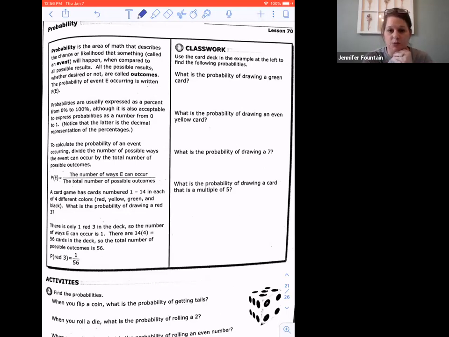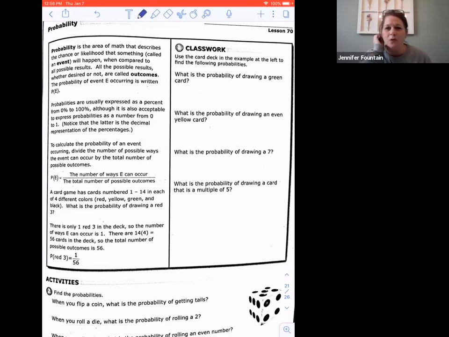Probably by the end of next week, but it will be covering our data, working with mean, median, mode, and range, and then working with probability. Okay, so we're going to be looking at different types of probability, but that's what we shift to right now. So lesson 70 in your textbook is where we're going to be working. So go ahead and turn to lesson 70 on page 153.